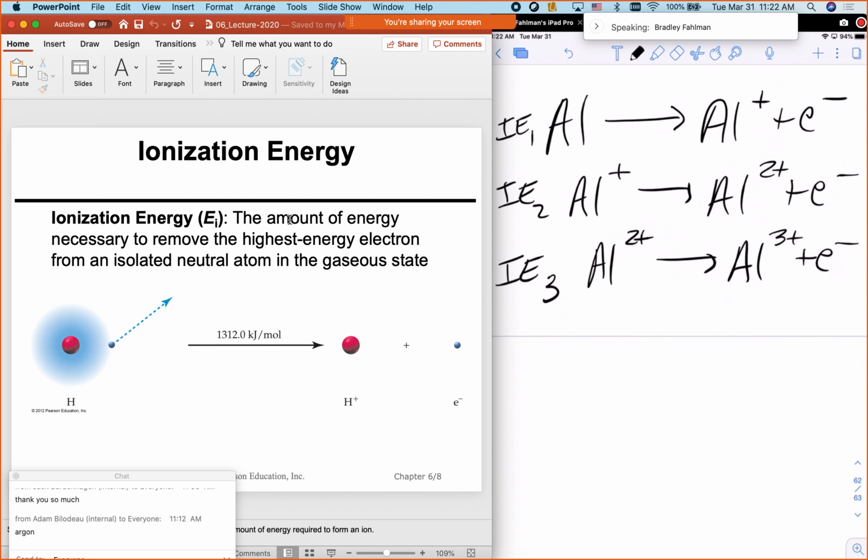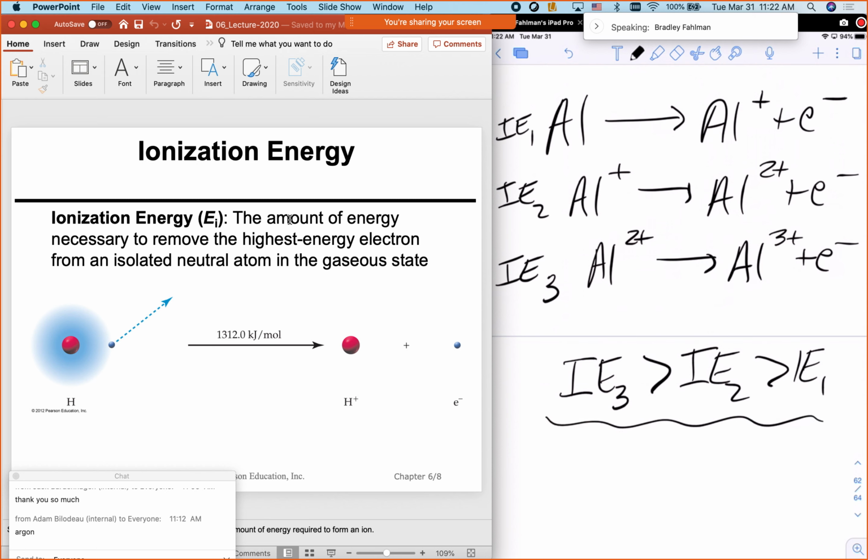It actually requires more energy, so the ionization energy 3 is going to be more than 2, and it's going to be more than 1. And the reason for that is because you're trying to pull an electron from something that has a positive charge.